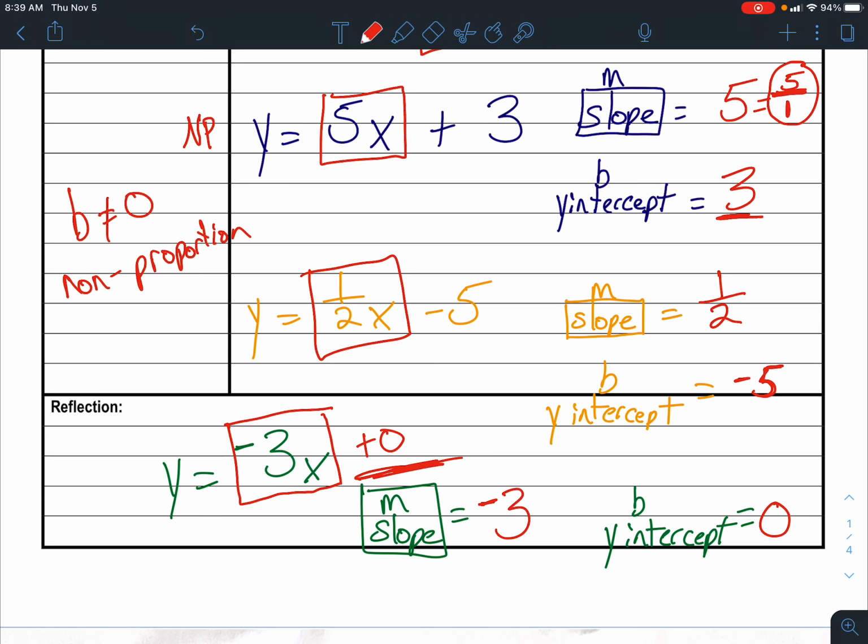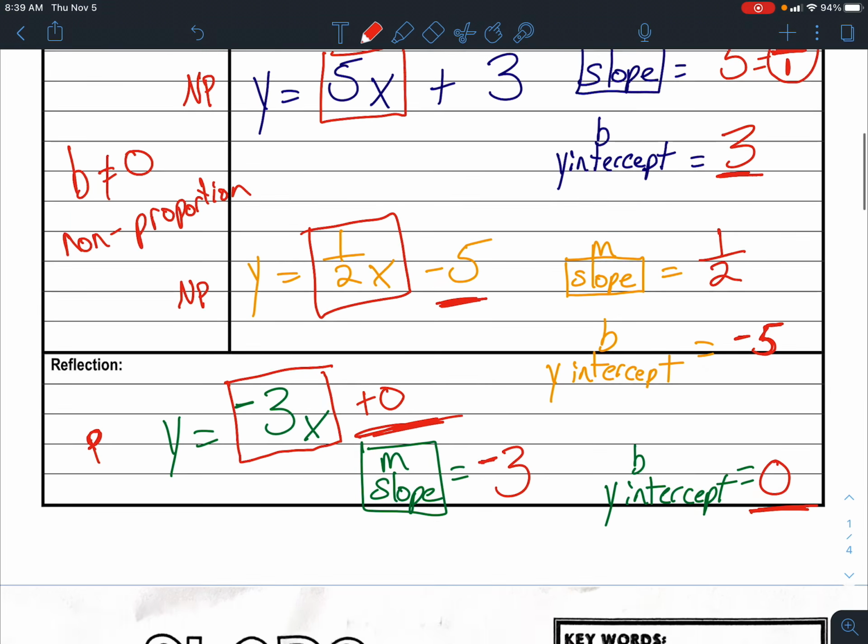The second one would be non-proportional because my y-intercept is negative 5. And this last one would be proportional because my y-intercept is 0.